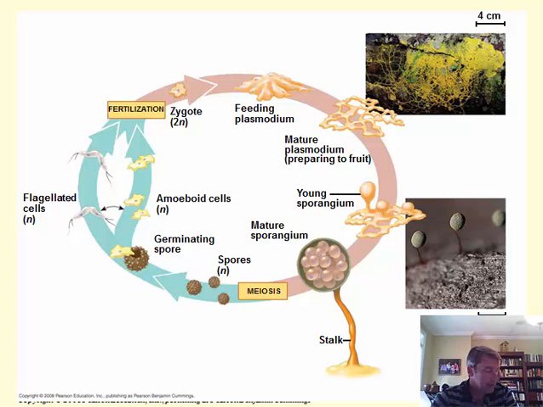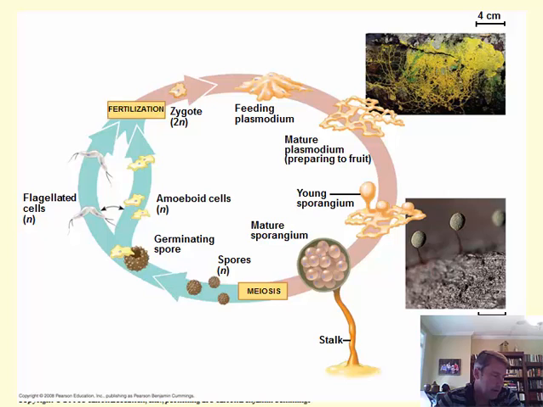Those that are cellular in form, and those that are plasmodial, and they take on a mass form. So this first one we're going to look at right here is the plasmodial slime mold. Now these slime molds, like I mentioned, have some similarities to one particular group of fungi, the molds.